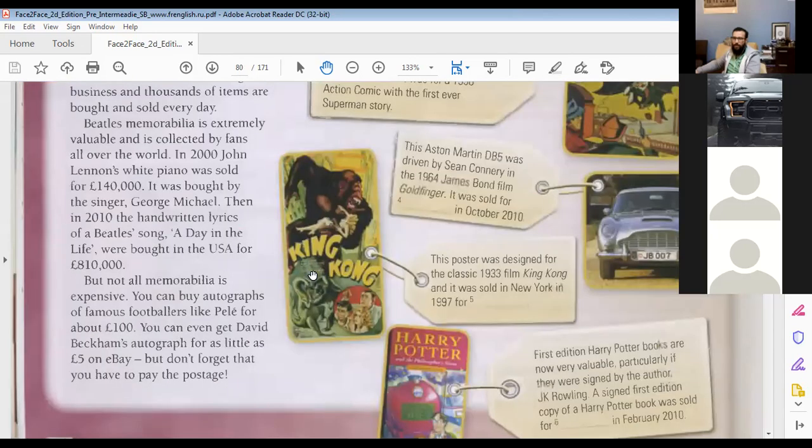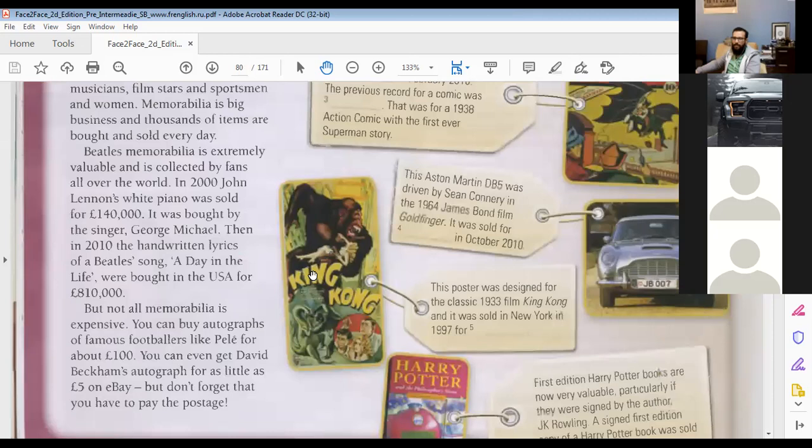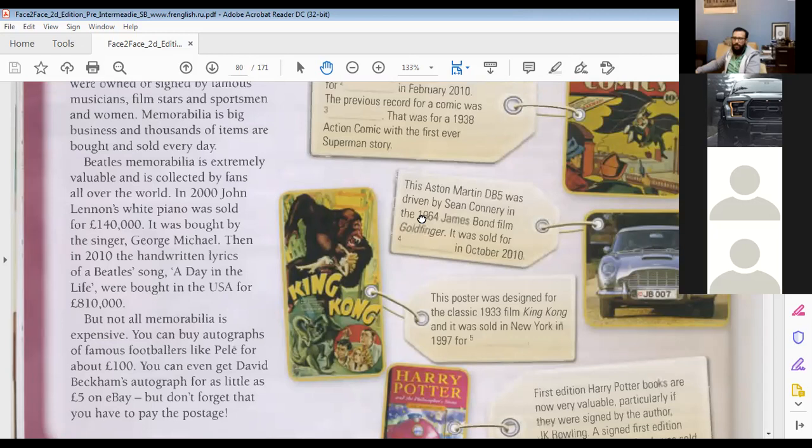Do they always pay a lot, or not always a lot? Are you sure?